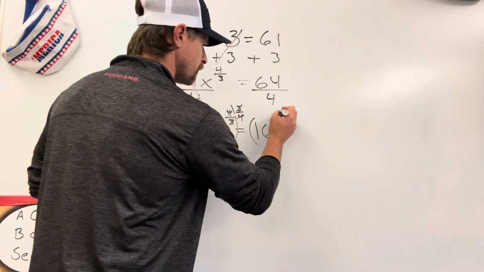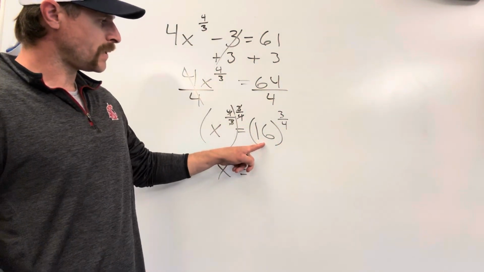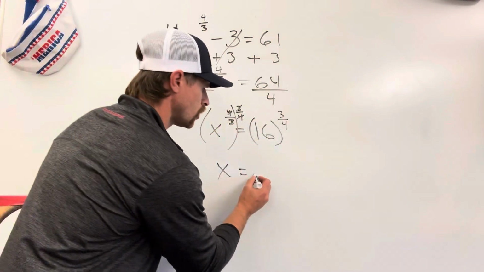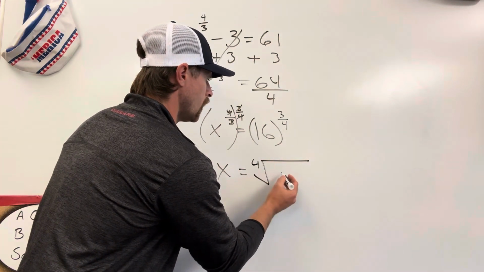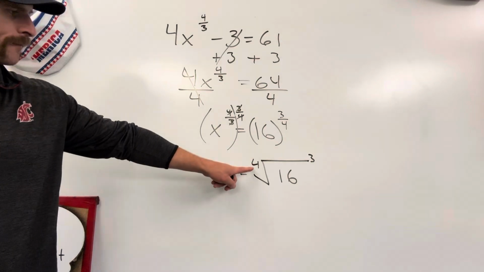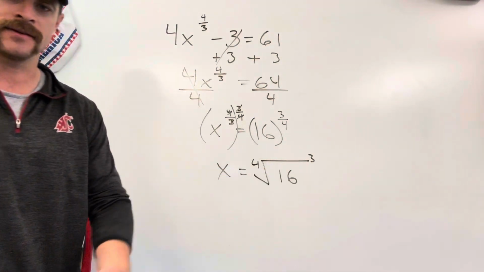So 16 to the power of 3/4. Now, what we know is when we have a fractional exponent with a value as a base, we can turn this into the 4th root of 16 to the power of 3. So we're going to take the 4th root of 16. What number times itself 4 times gives me 16?